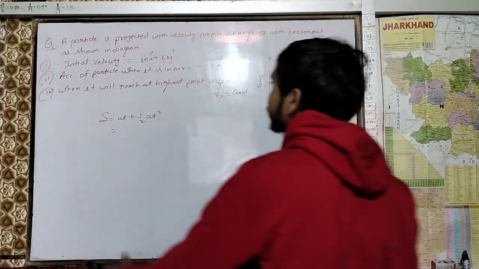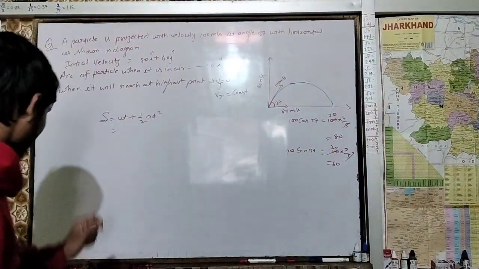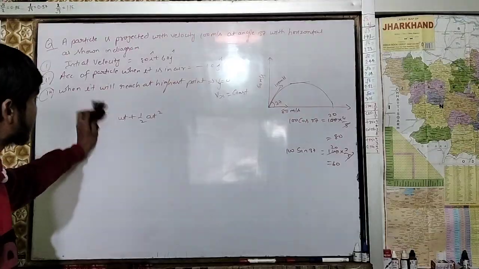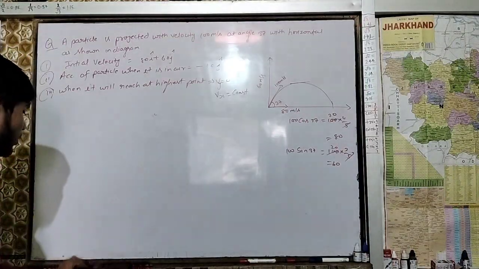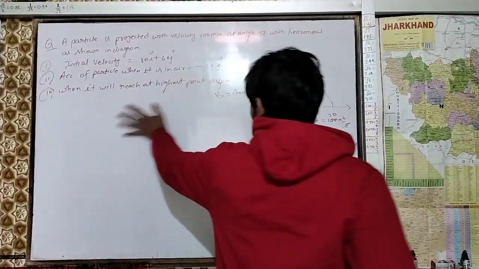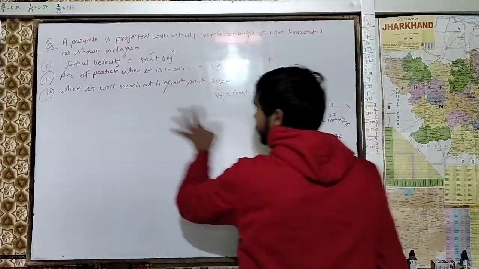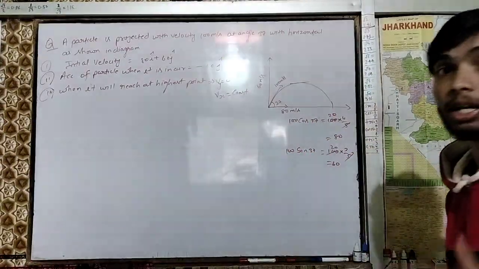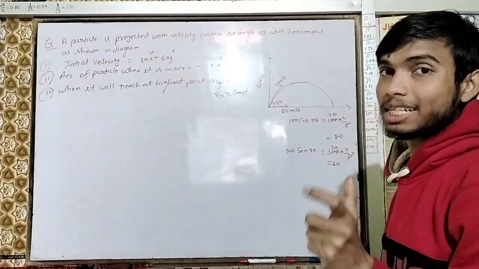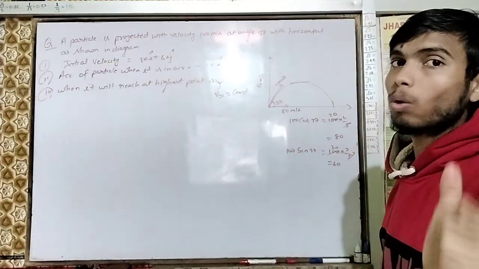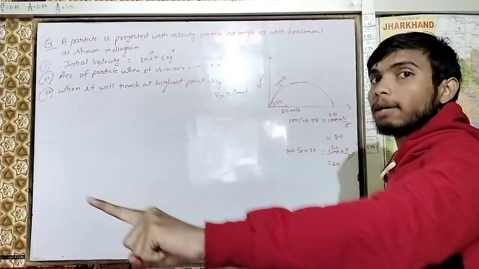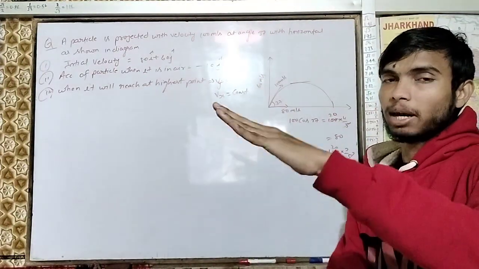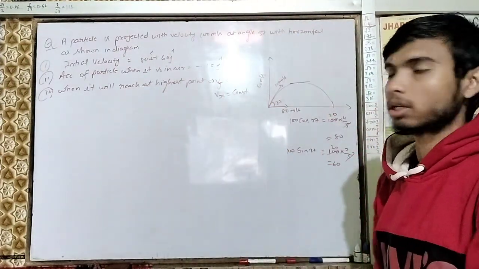So it is asking when it will reach. Try to understand this sentence. This sentence is asking when, which means time, not where. When will this particle reach the highest point? It is a time. What would be that time when the particle will reach the highest point?